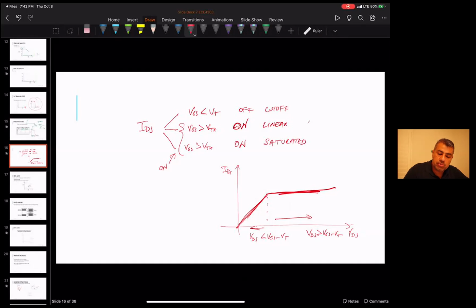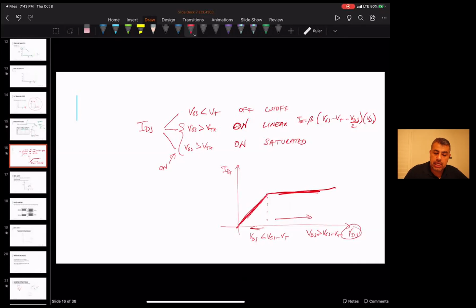Basically, the currents between these two are different. In linear mode, the current is IDS equals beta times (VGS minus VT minus VDS over 2) times VDS. You see the current is a function of VDS. It changes with VDS, even if I keep the gate source voltage, the input voltage, the same.